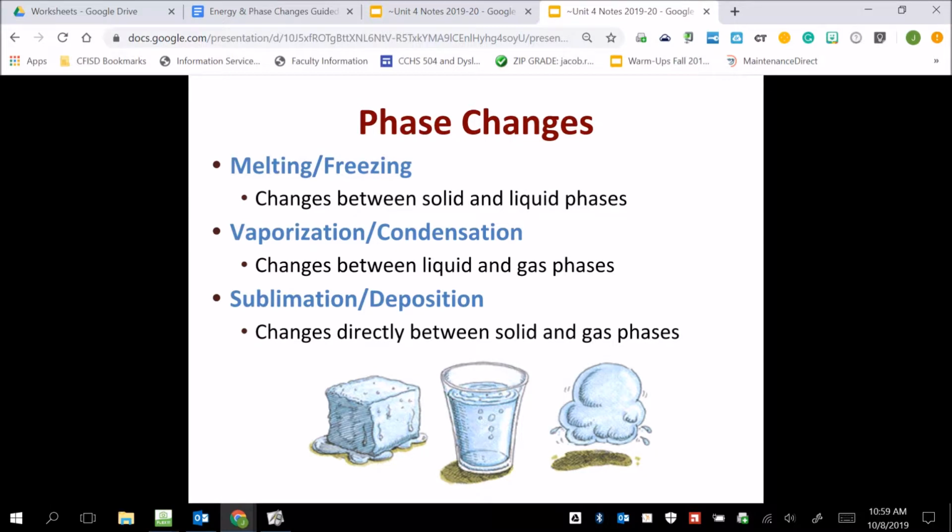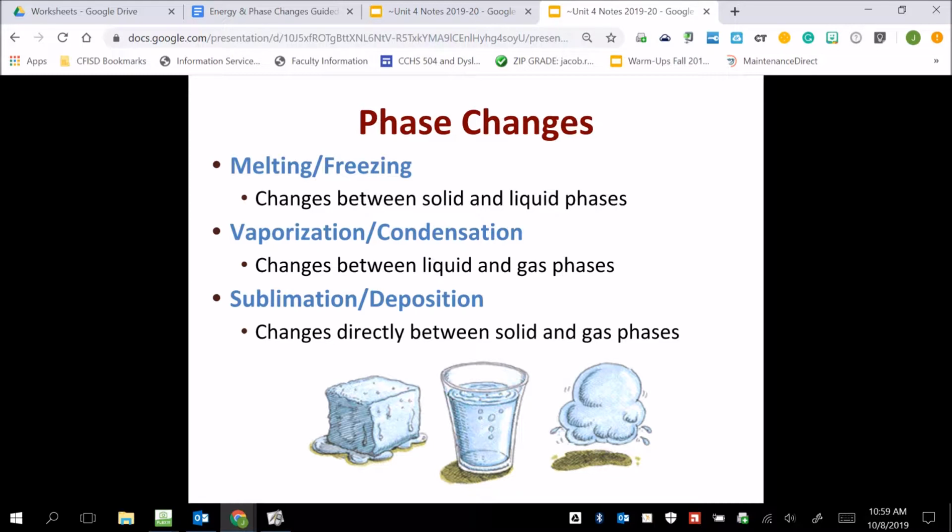Okay, so what are the phase changes? And a lot of these you already know. You know, melting and freezing, vaporization and condensation, and sublimation and deposition. Sublimation and deposition are probably the new ones that you don't know. So, when we talk about melting and freezing, the melting point and freezing point are the same one. That's going from solid to liquid or liquid to solid.